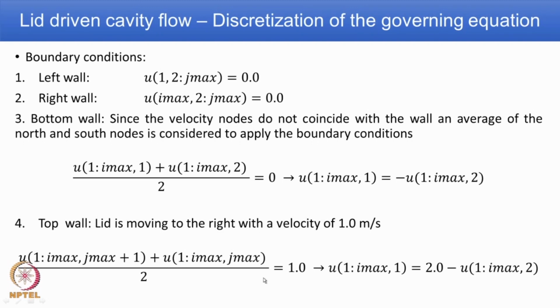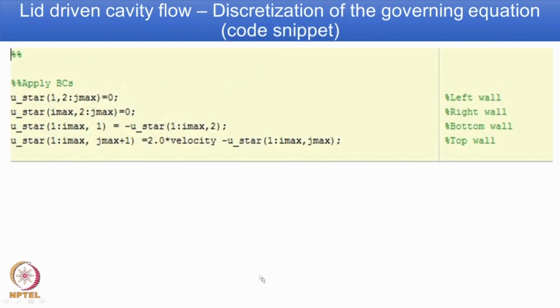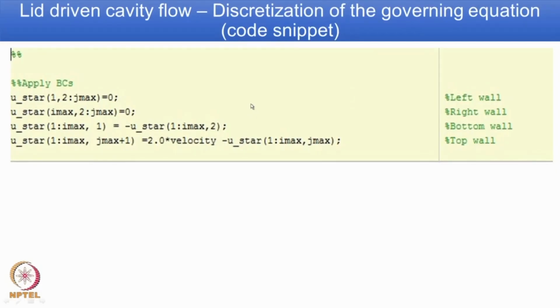Now, in terms of code, we see u star, because we first solve the u momentum equation without the pressure term included. Such velocities are given the superscript u star, v star, because they are all predicted velocities. Once they are corrected, they will be set to the actual velocity. This is done immediately after solving the u momentum equation without considering the pressure term, so it is called u star.